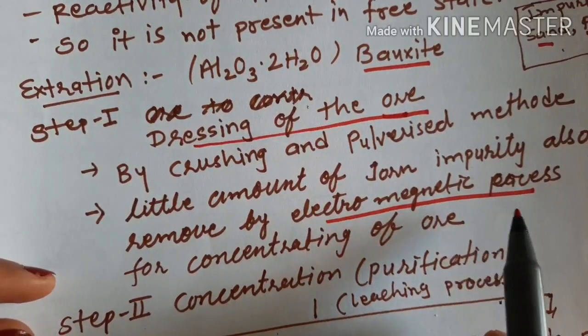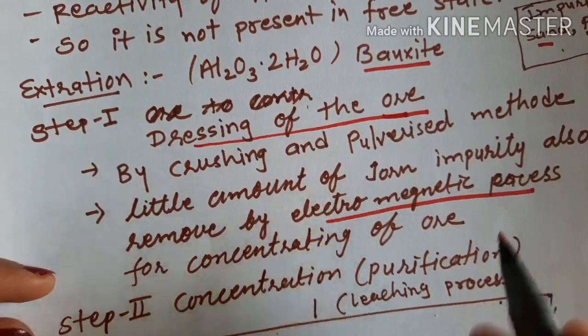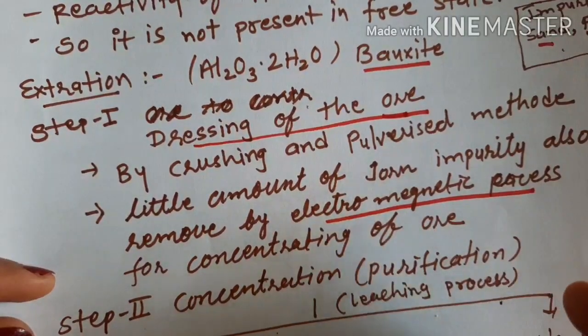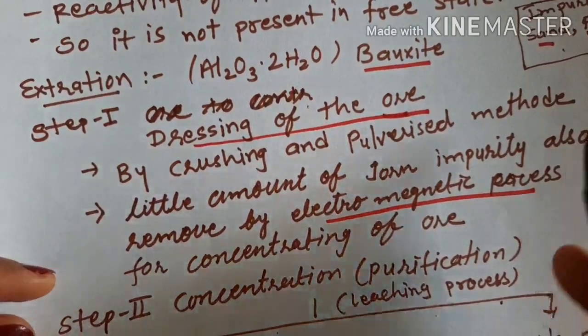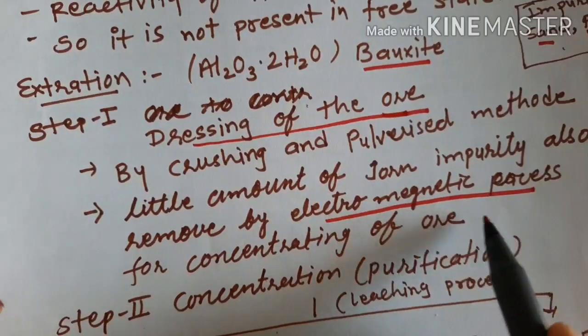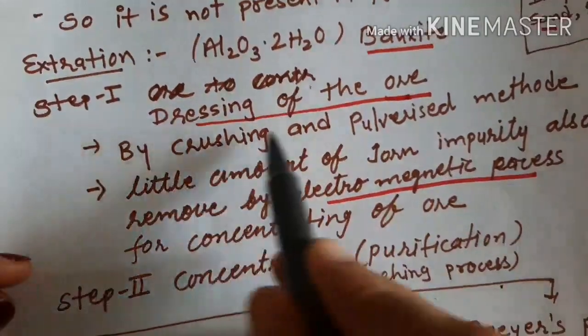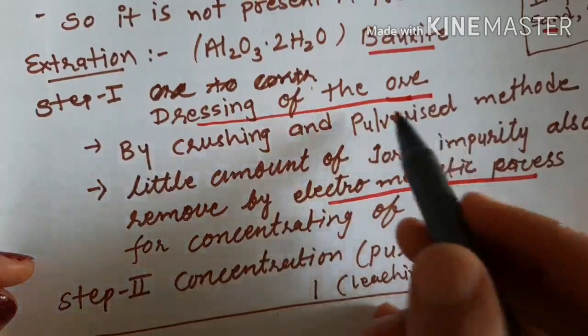Through that we can remove a little amount of the iron impurity. We cannot remove it completely, but a little amount of iron can be removed by this. So that is dressing of the ore.